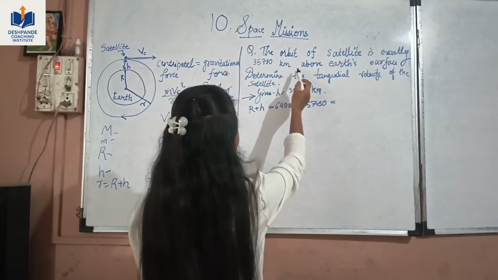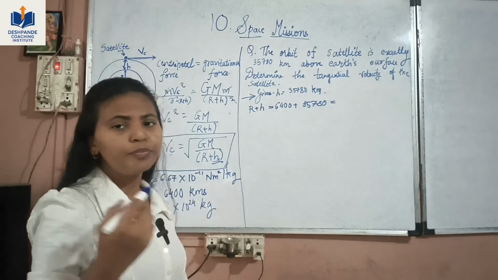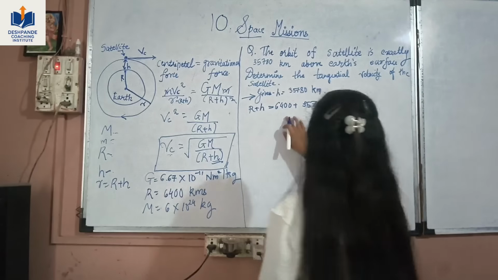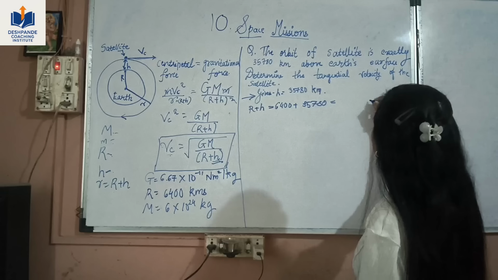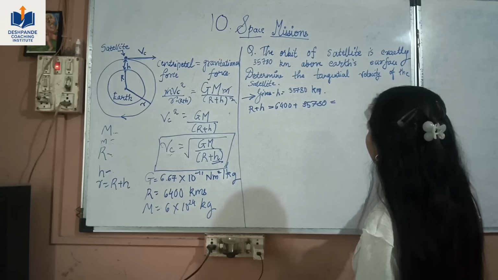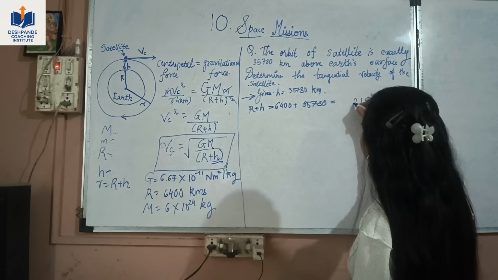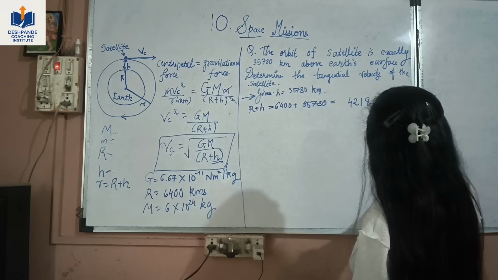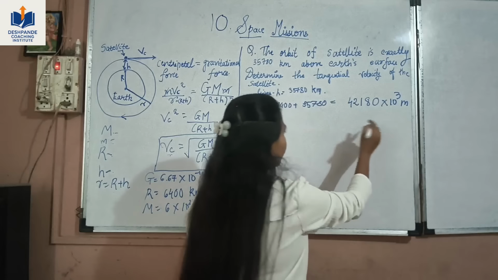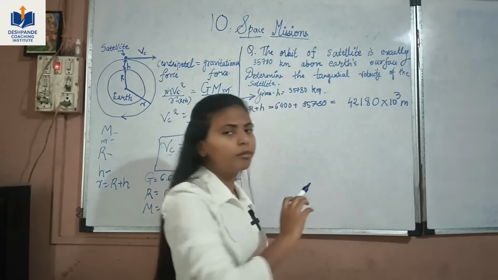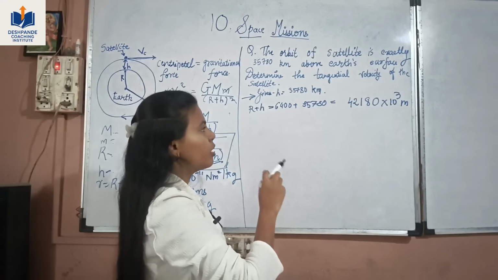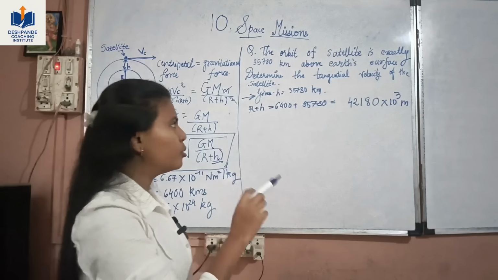Whenever the distance is given in kilometers, we have to convert it into meters. So what will be the total height of the satellite? It will be 42180 into 10 to the power 3 meters. It was kilometers, I converted into meters by multiplying by 10 to the power 3. So always remember, you have to convert the distance into meters.